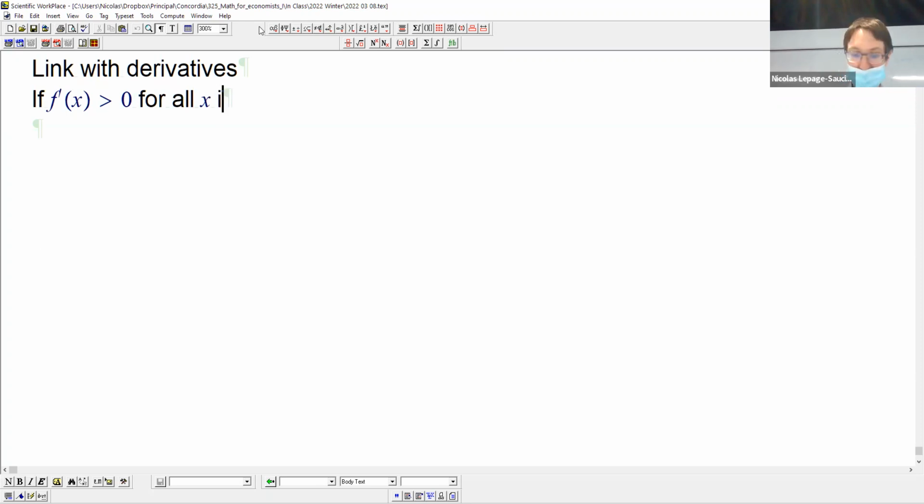That implies that f of x is strictly increasing, or we can say upward sloping.